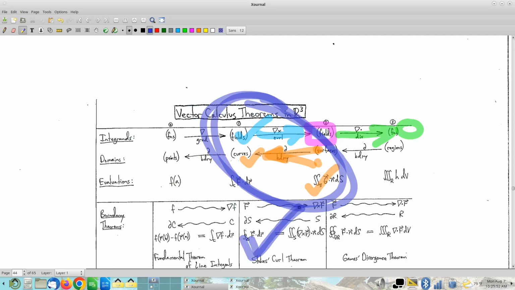And the pattern suggests, hey, use Stokes' curl theorem. And the diagram has now helped us with our homework, right? The diagram has suggested an idea to try, and it's the right suggestion. Everybody on board?